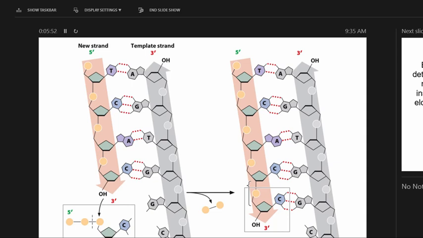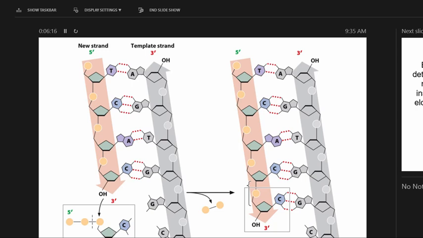Synthesis takes place in a 5' to 3' direction with respect to the DNA being synthesized. So the 3' end is the end of the chain, and new molecules are being added at the 3' end. Reaction occurs with the 5' end of the nucleotide, but they're added to the 3' end of the chain.